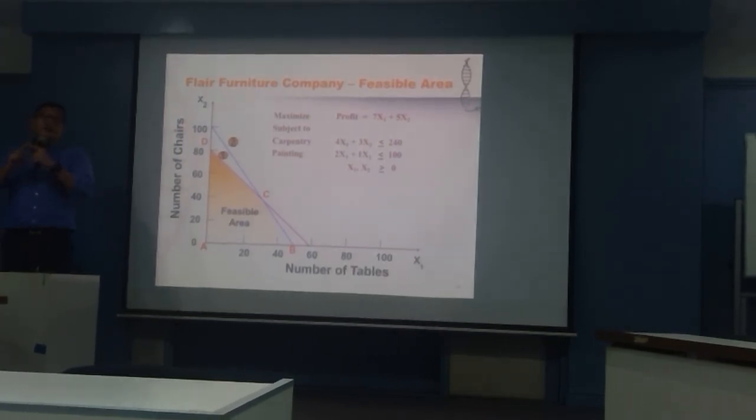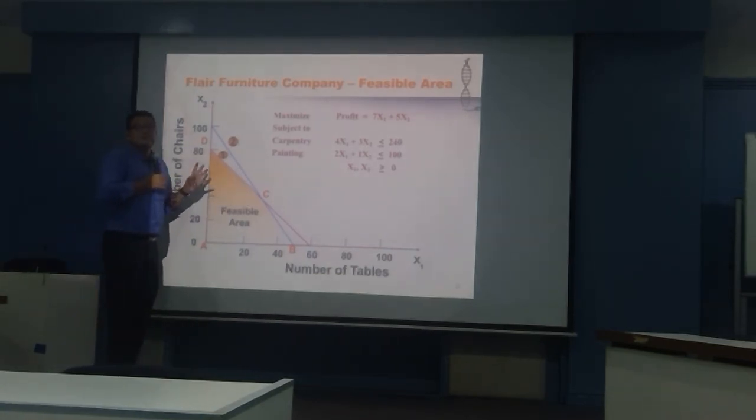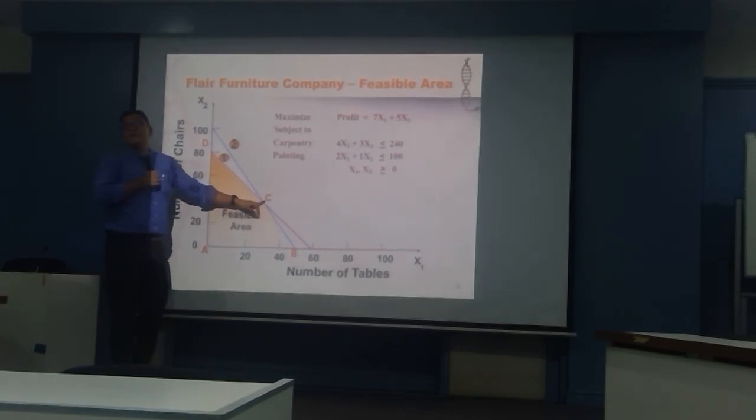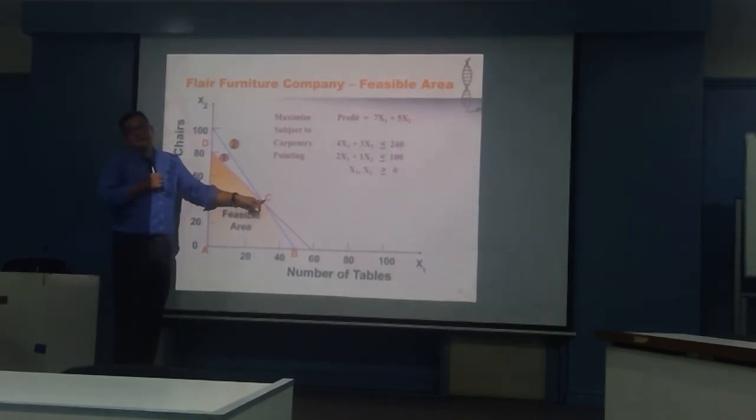So it doesn't make sense to spend so much time finding coordinates. This is the drawback of the corner point approach: if you have more constraints, you have more points to solve, so you spend a lot of time.